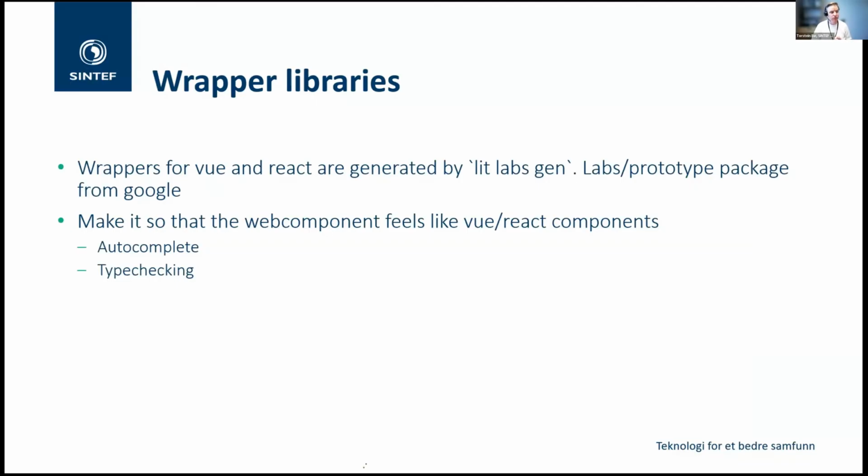Wrapper libraries. So we tested out early in this implementation to use web components directly in Vue and also React. What we quickly saw then was that autocomplete isn't working very well with web components and type checking isn't working.